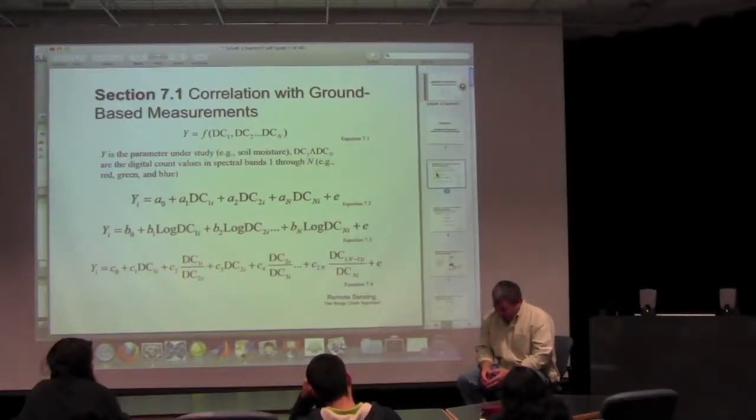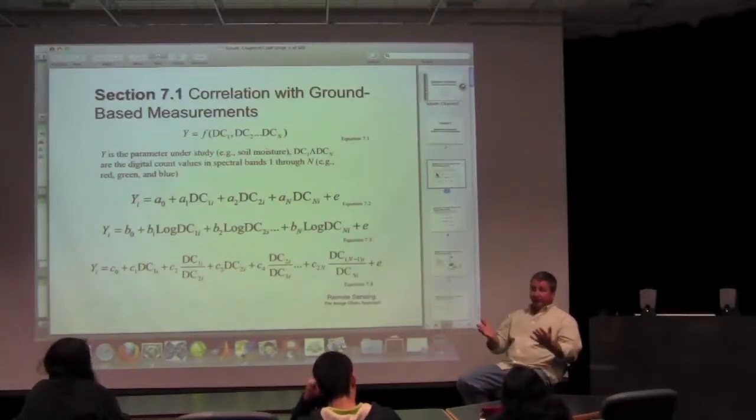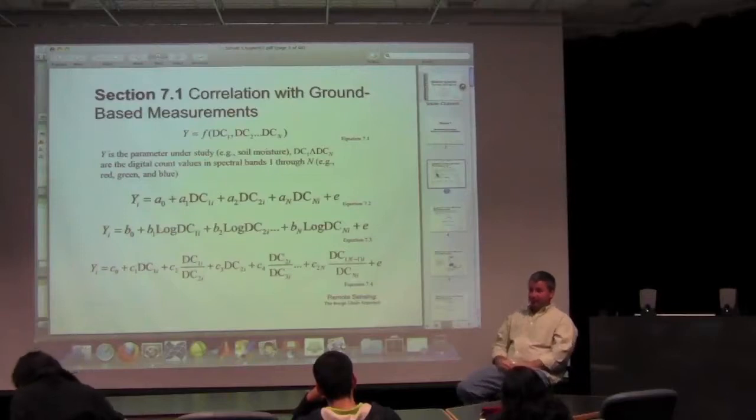All right, so the objective in remote sensing is to take the recorded signal that your sensor produces, whether that's a digital count, a voltage, density on film. You name your imaging system, pick your modality. It's going to produce a value based on the energy that's entering the sensor.